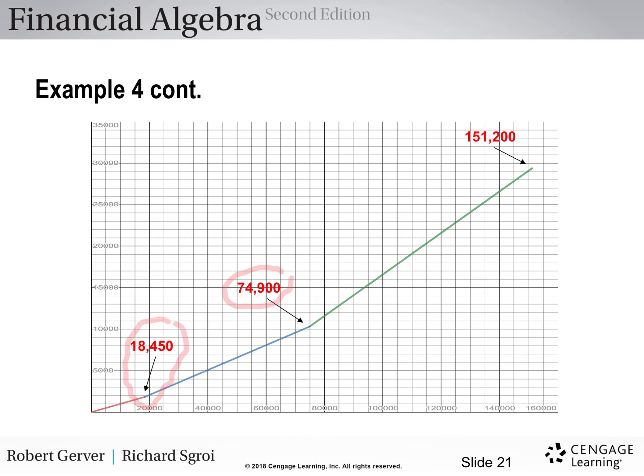And then it's the steepest all the way up to 151,200. So you can see here that the tax rate, or percentage, increases as your income increases. There are different intervals for each of these rates, okay? So we have a slower rate here, a next higher rate, and then an even higher rate.